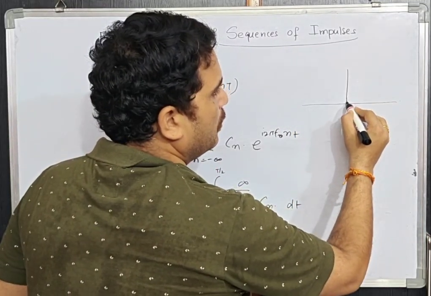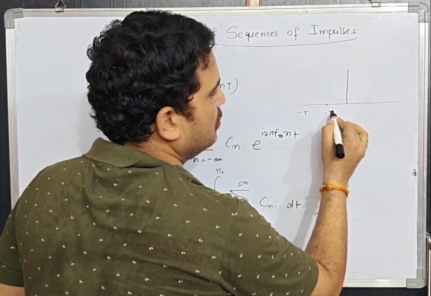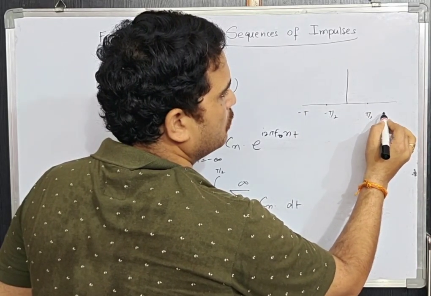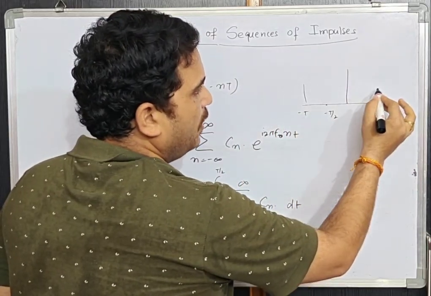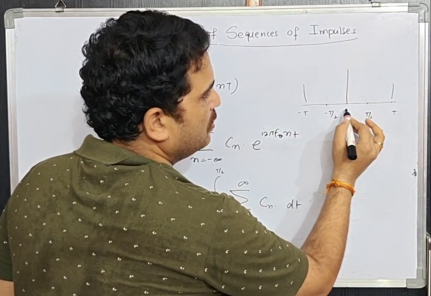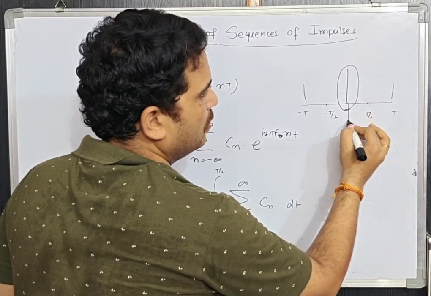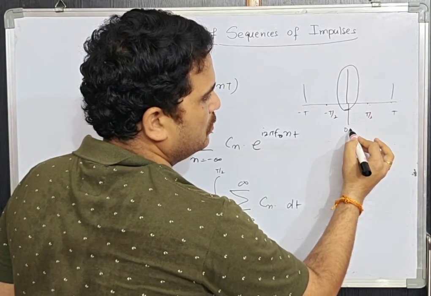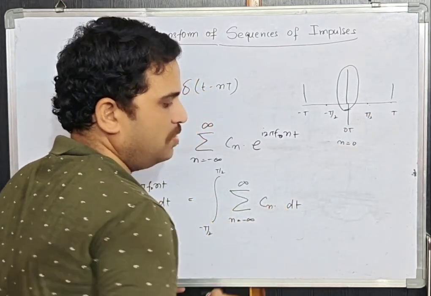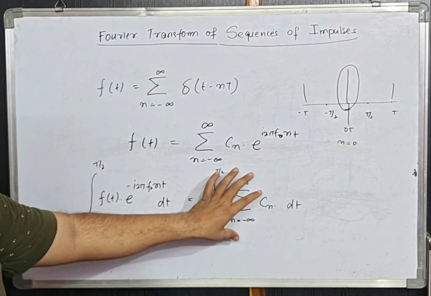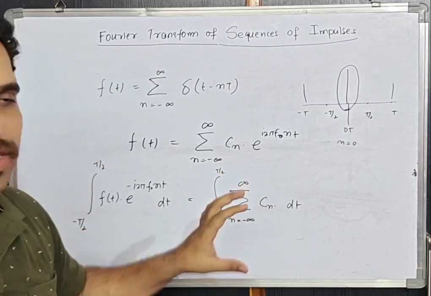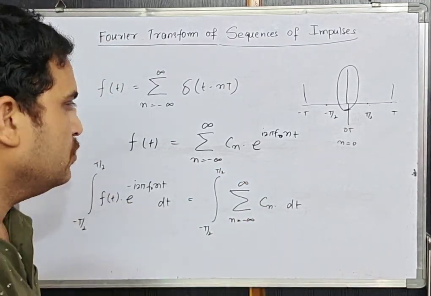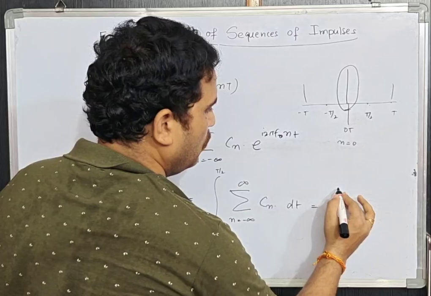This is minus T, this is minus T by 2, this is plus T by 2, this is plus T. Though n values stand here and here, in between there is only one value existing, that is 0T, or n equal to 0. So the summation on n does not have a meaning, and it changes over to a constant.